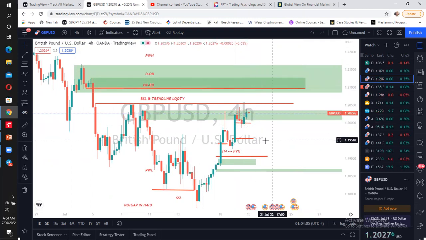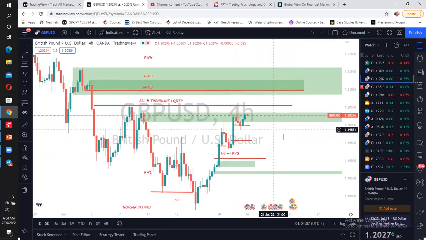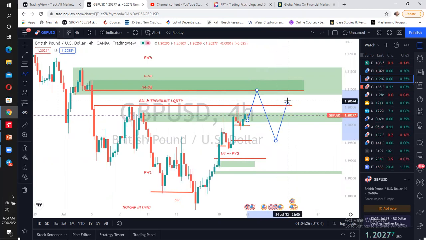What we want to see them do is simple. As they come into this particular place, I want to see a move up to this level, then a push back down to this particular level, then up. Okay, I want to see that happen.